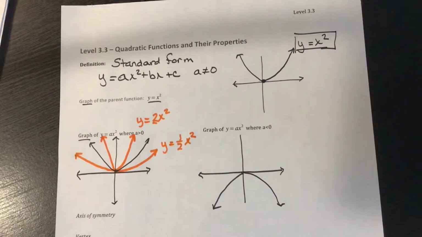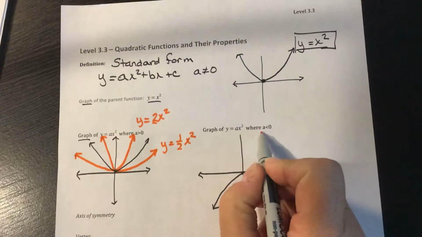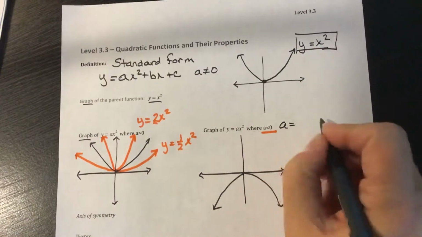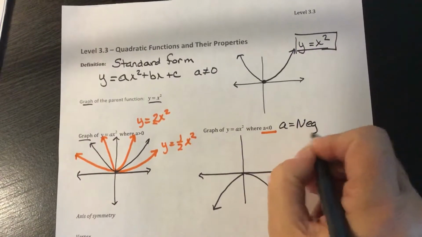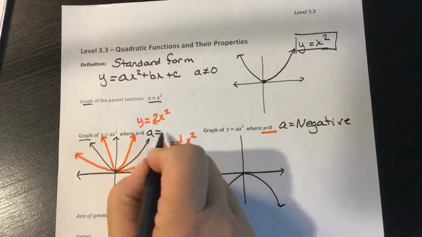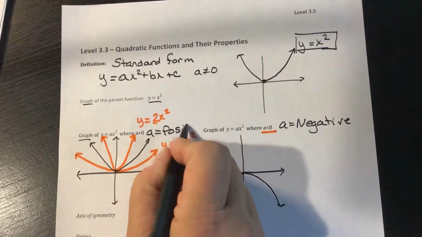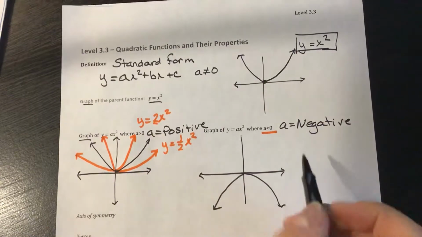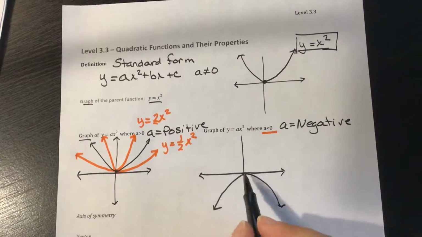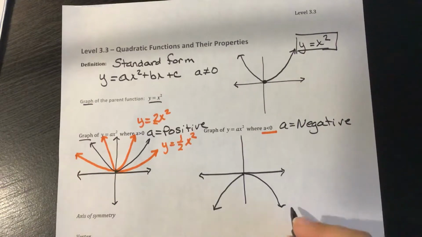If the parabola had an a value that is less than 0, so a is negative. Maybe I want to say over here that a is positive. If a is negative, our parabola is going to be reflected across the x-axis, so it's going to be pointing downward. The same thing has to do with the value of a.